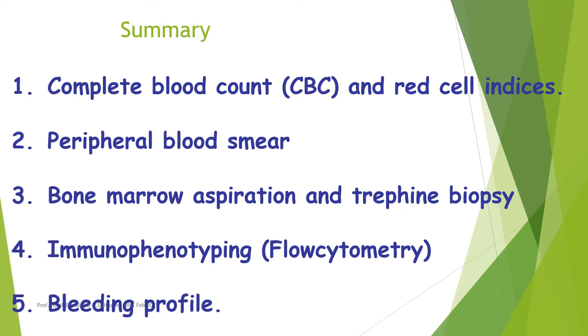Bone marrow aspiration is indicated in certain conditions, and also the trephine biopsy. Immunophenotyping using flow cytometry, in which a fluorescent dye is used to show the antibodies directed to specific antigens in the cell membrane of different cell types, usually the white cell types, is used in hematology to diagnose leukemias particularly.